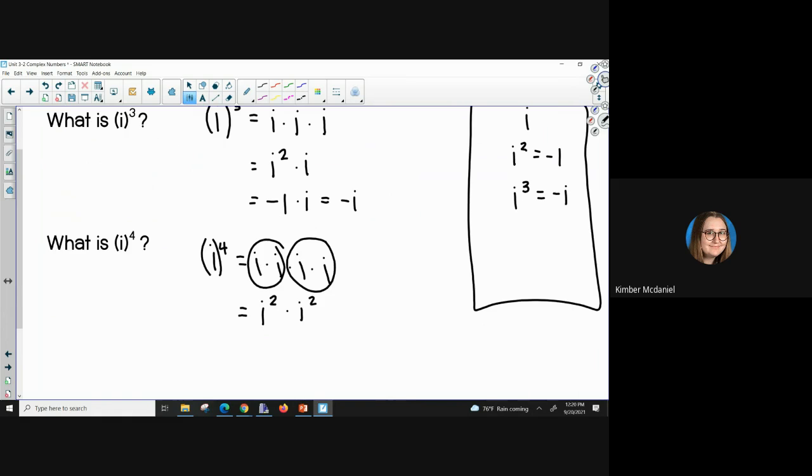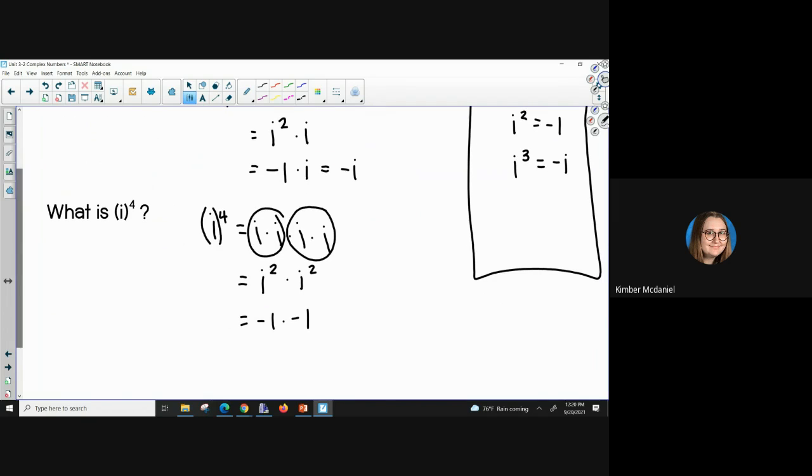And again, anytime we see i to the second, what are we replacing those with? Negative 1. So if I replace both of those with negative 1, what is negative 1 times negative 1? 1. So i to the fourth equals 1.